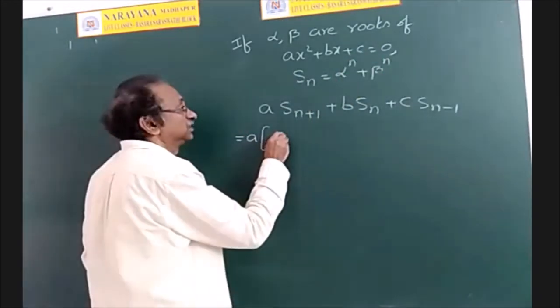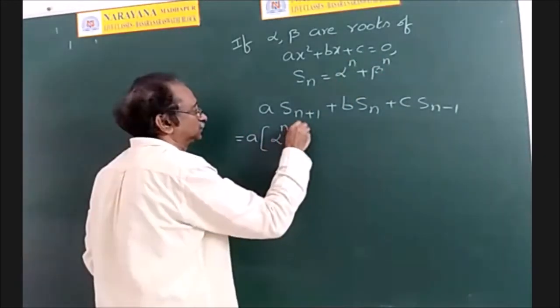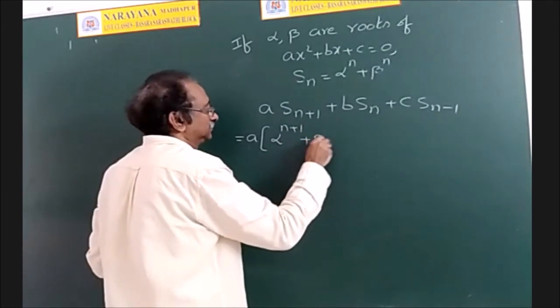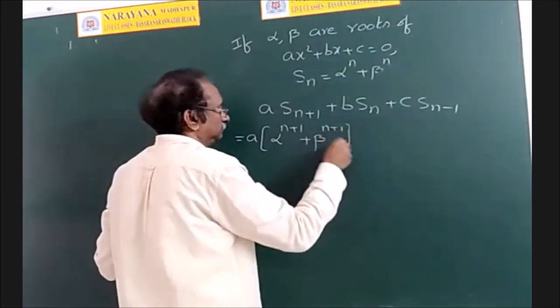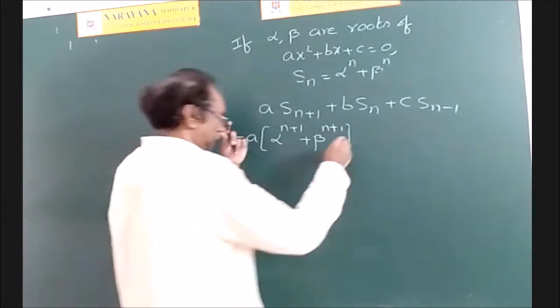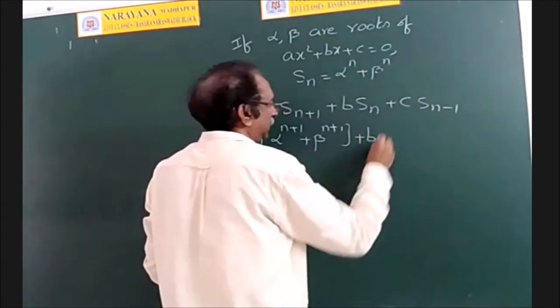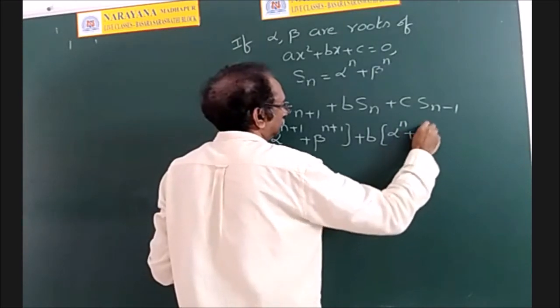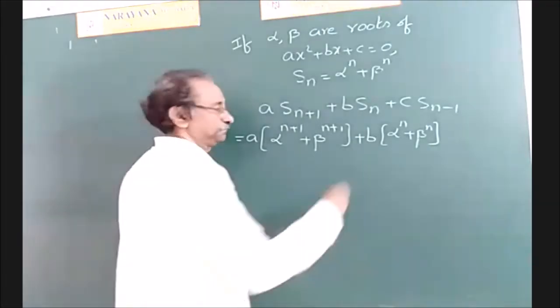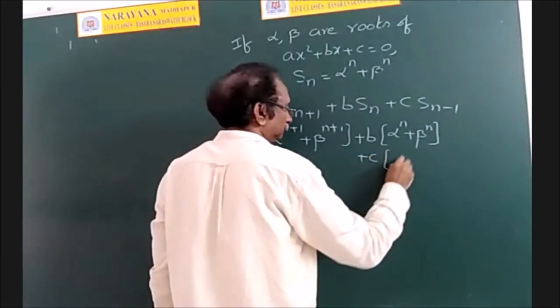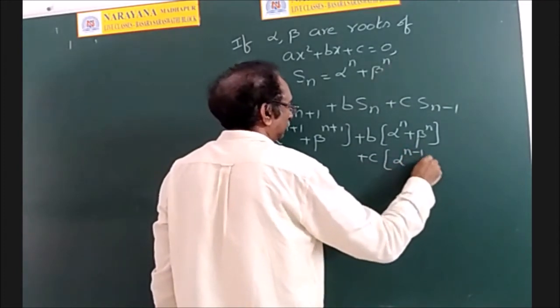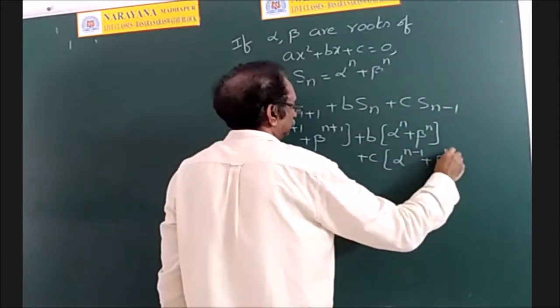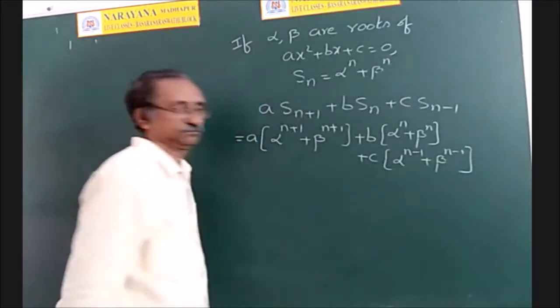And therefore, this is alpha power n plus 1 plus beta power n plus 1 plus b into alpha power n plus beta power n plus c into alpha power n minus 1 plus beta power n minus 1.